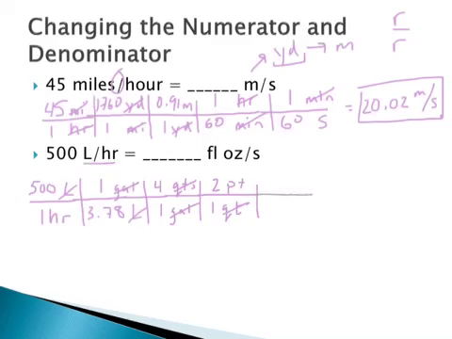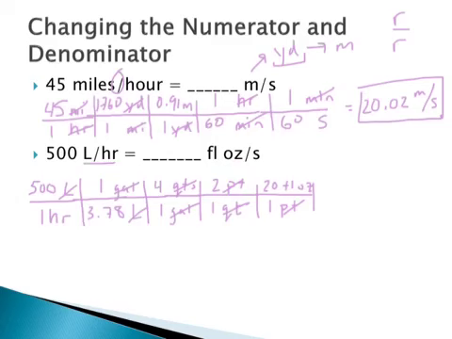And then once I have pints, I can use the conversion from pints to ounces, and I have 1 pint is equal to 20 fluid ounces. Pints cancel, and now I am left with fluid ounces per hour. And I want to get from hours to seconds, or per second.